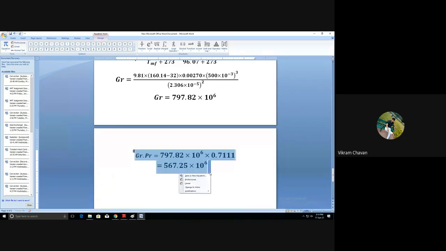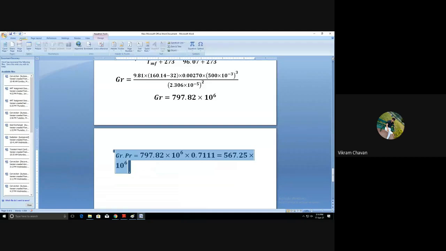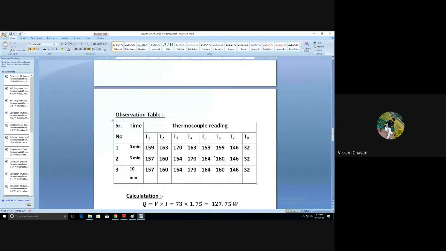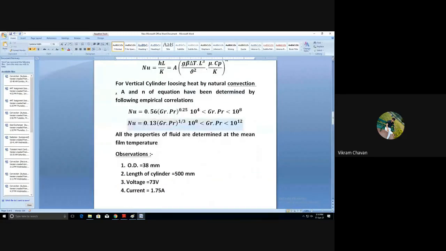If you convert this into 10 to the power 8, this can be changed to 5.67 into 10 to the power 8. This value is greater than 10 to the power 8. Now check our condition for the constants.